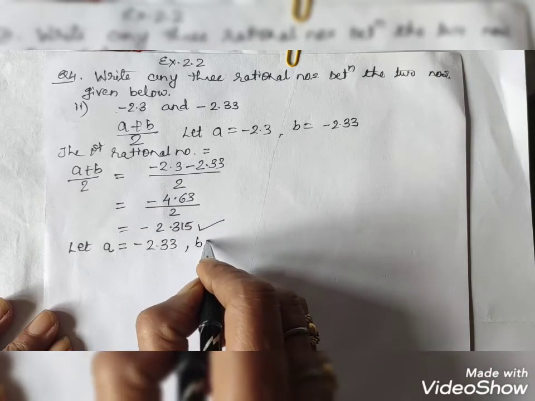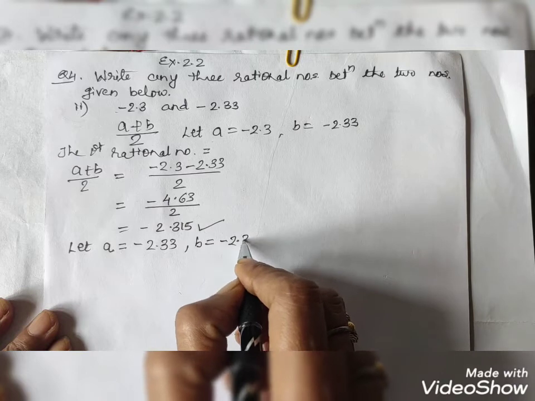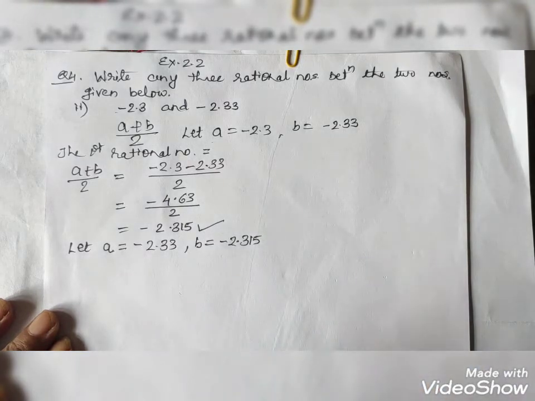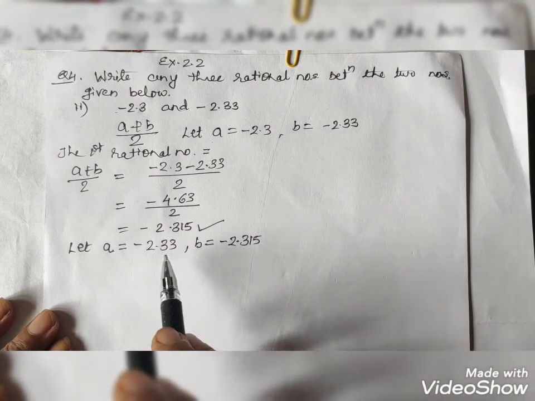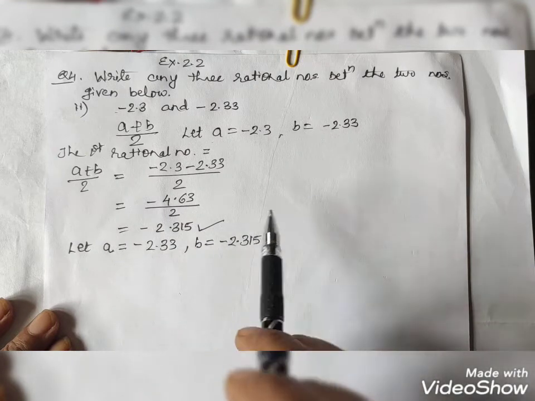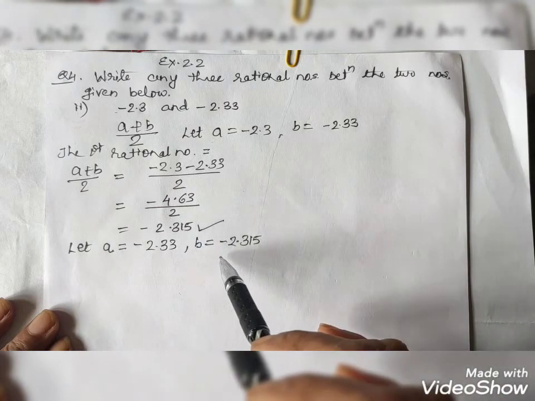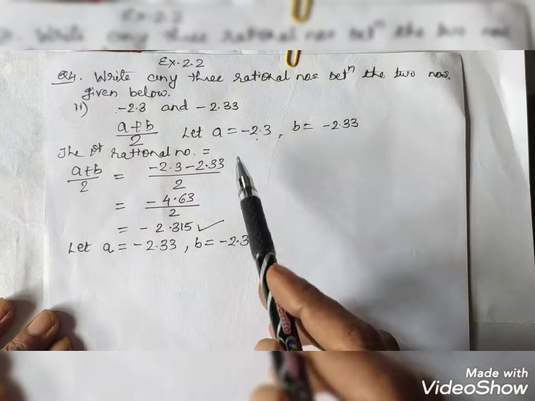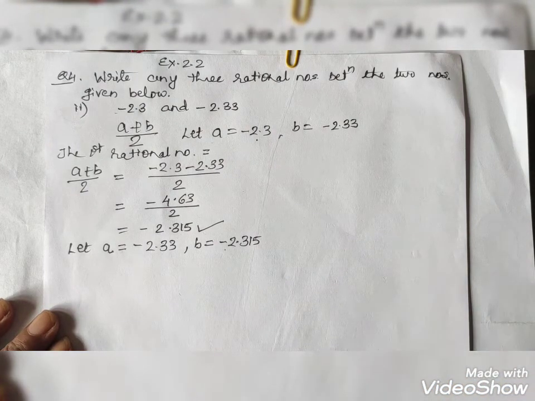So now I am taking b as this new rational number which we got, minus 2.315. Understood what I mean to say? This a and b should not be the same, either a different or b different. Someone can use this as a and this as b, so the answer will be different, but that's also correct.